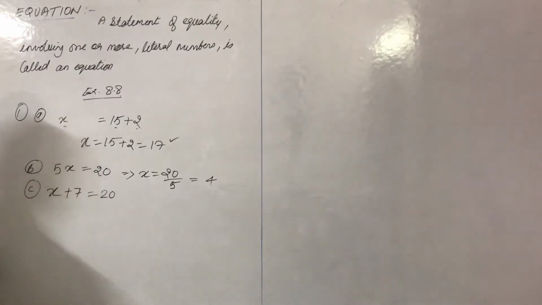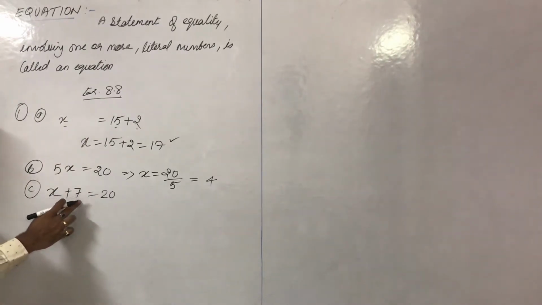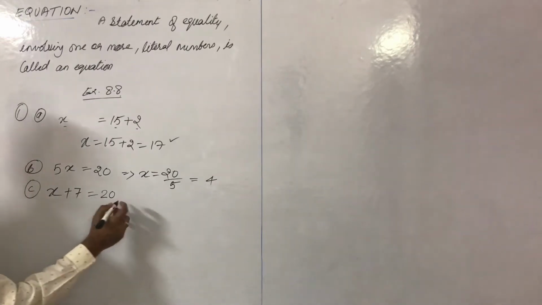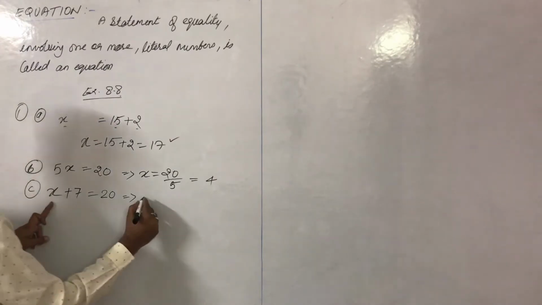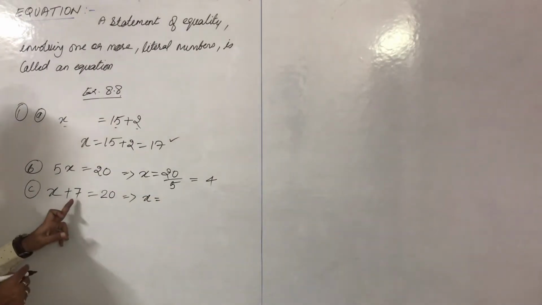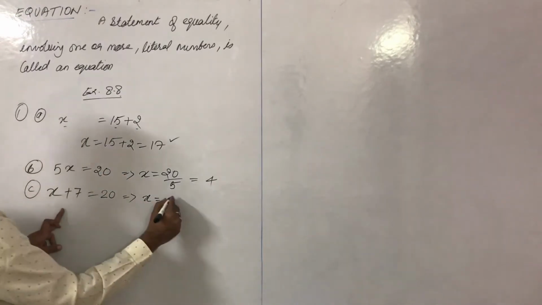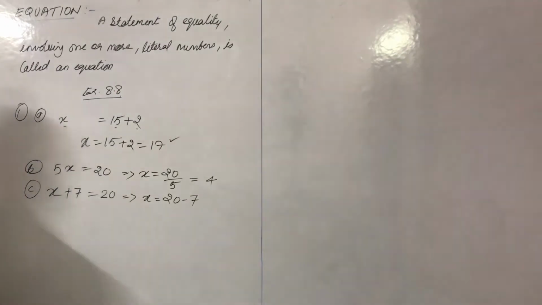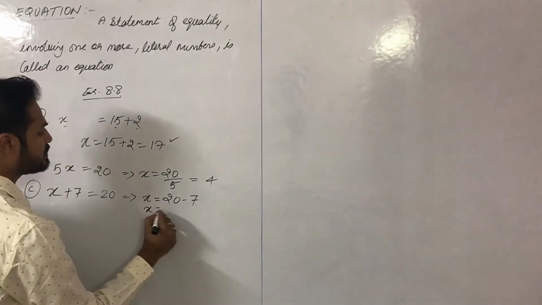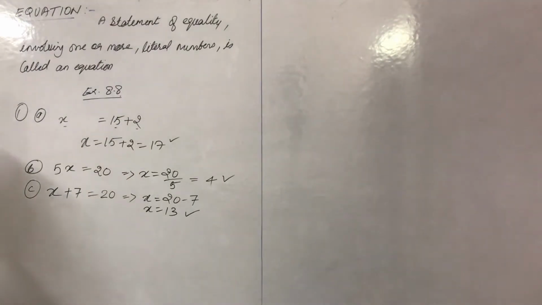How do we get the value of x? We change the place of 7 from left to right. Here it is positive, and after changing its place, it becomes minus. So 20 minus 7 is 13. So 13 is the correct answer.